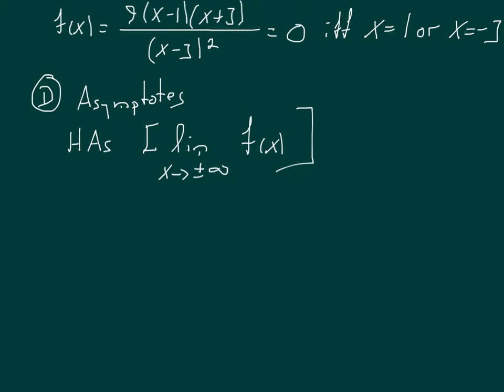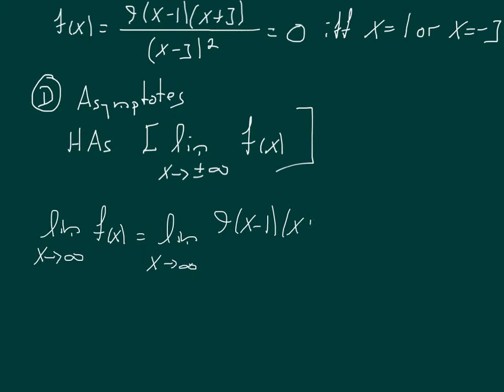So here we are. So the limit as x tends to infinity first of f of x is equal to the limit as x tends to infinity. Here's our formula for f of x. It's 9 times x minus 1 times x plus 3 over x minus 3 all squared.